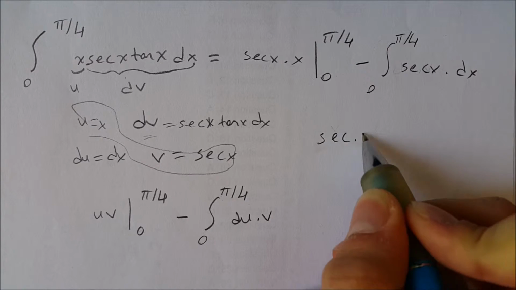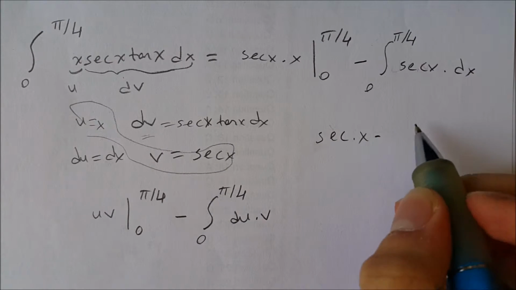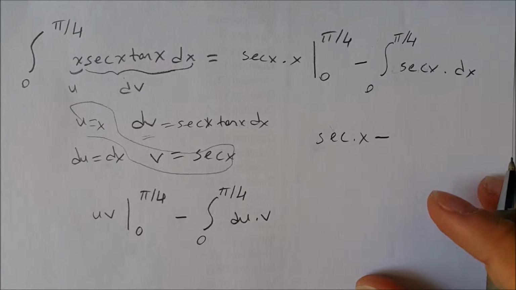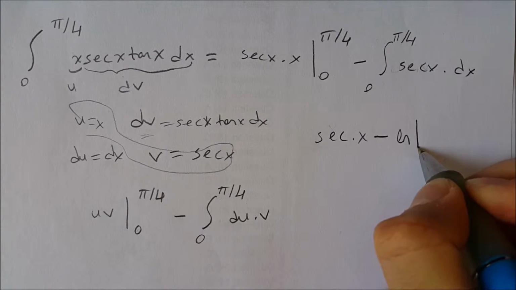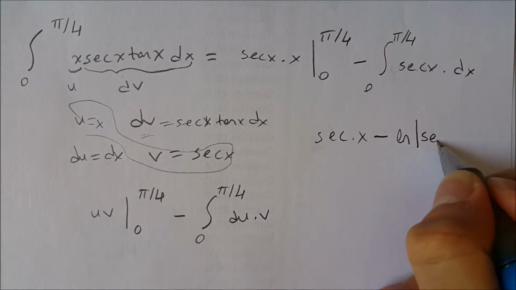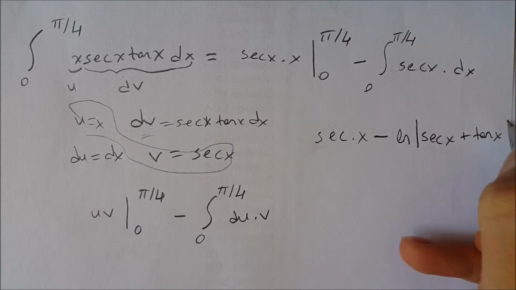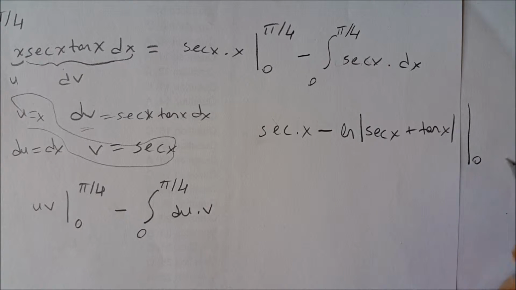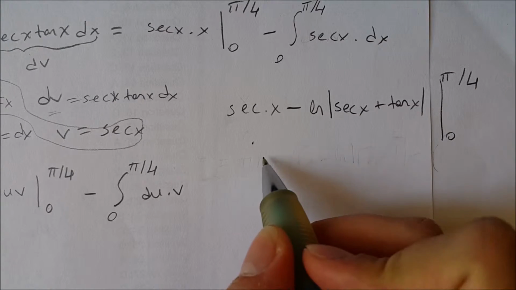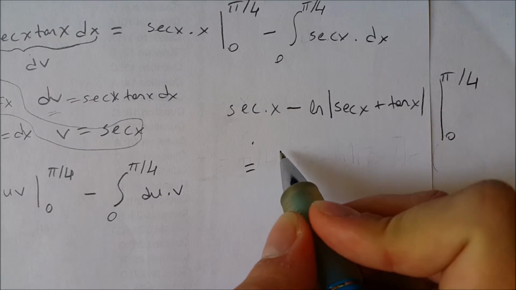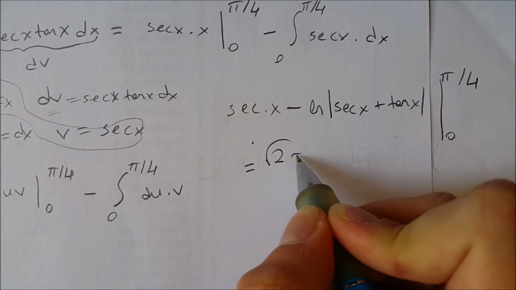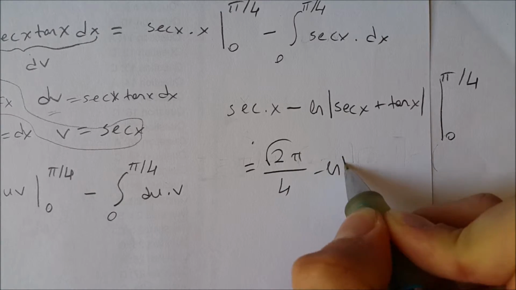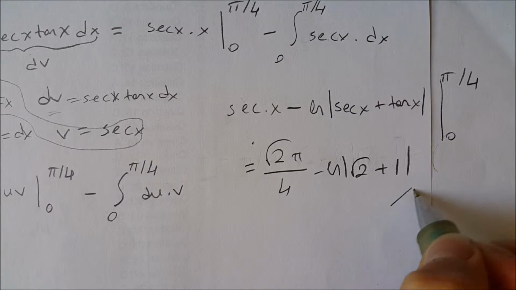Secant x times x stays the same minus the integral of secant x, which is equal to ln in the absolute value secant x plus tangent x. And then in the boundaries 0 to pi over 4. And then if you put the numbers inside, you get the answer to be root 2 pi over 4 minus ln root 2 plus 1.